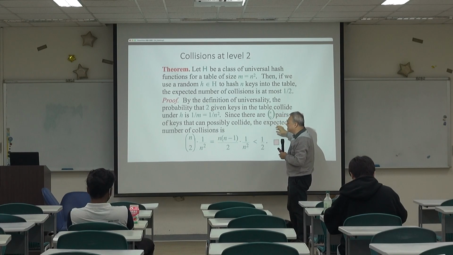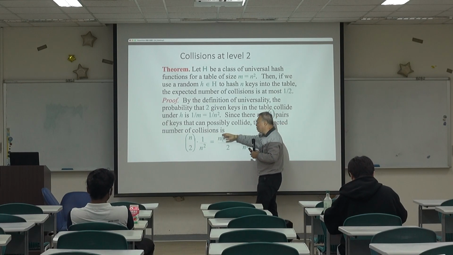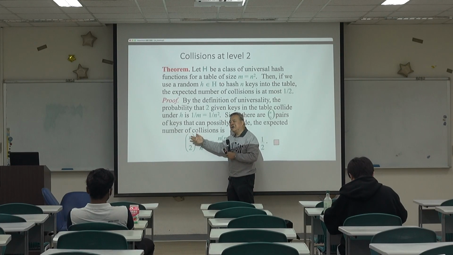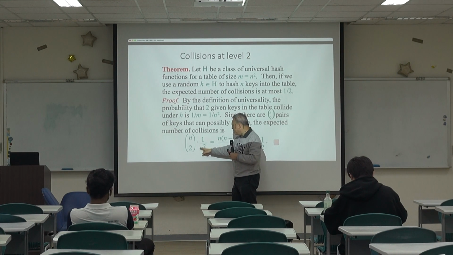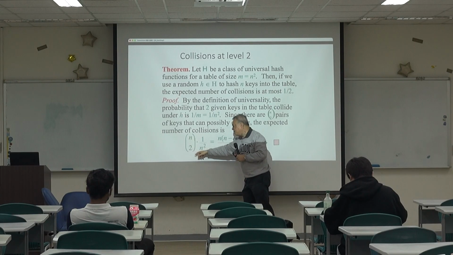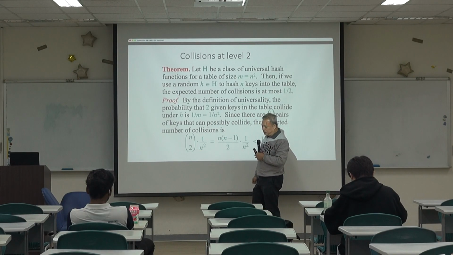So the expected number of collisions is the number of key pairs times 1/n squared, the probability that a pair of keys will collide under h.